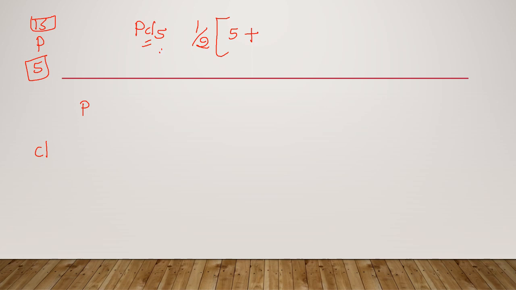Chlorine is a group 17 element. How do we write chlorine? In the chloride form, Cl minus. You won't write it like -2 or -3, isn't it? Even chlorine is in the form of Cl minus chloride, therefore it is monovalent. So the total number of monovalent atoms attached to phosphorus is equal to 5.